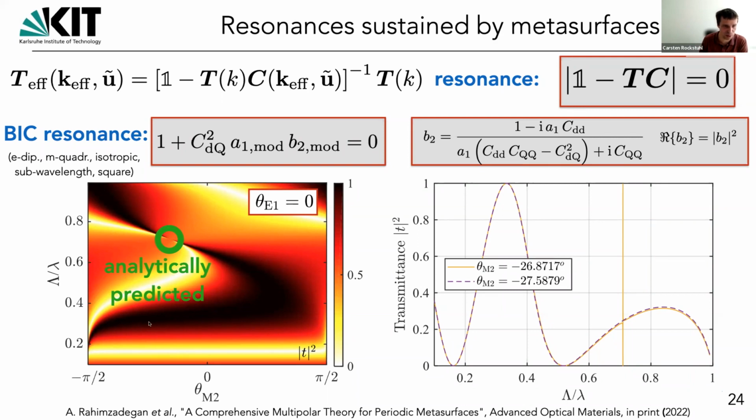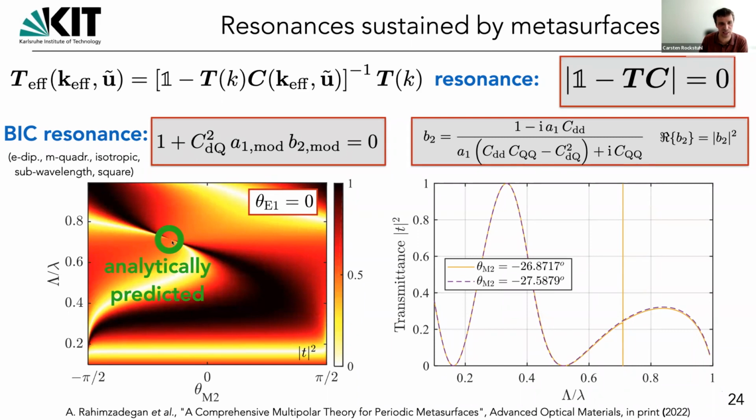This is something that we can also substantiate by numerical simulations. What you see here is transmission for this configuration. It's an electric dipolar resonant object. Then you sweep the magnetic quadrupolar Mie angle between -π/2 and +π/2, and you change the period.